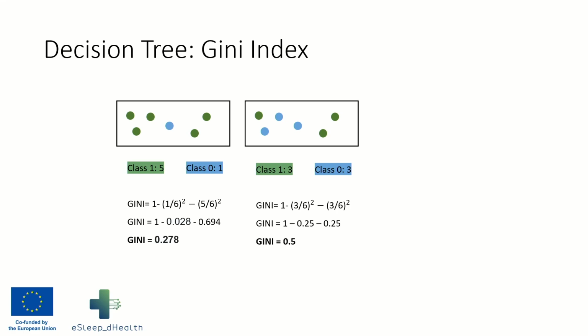So in the box, you see all of the instances at a certain node. So here we have 6 different points. And then we have 2 classes. And there is only 1 point of the class 0, which is blue.